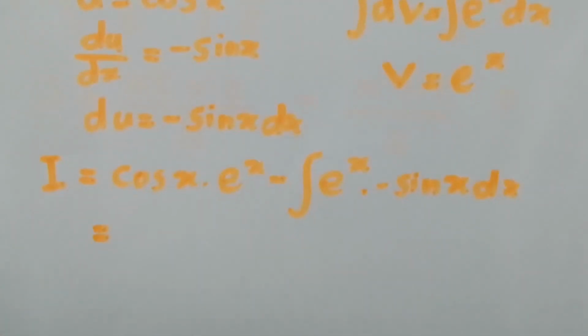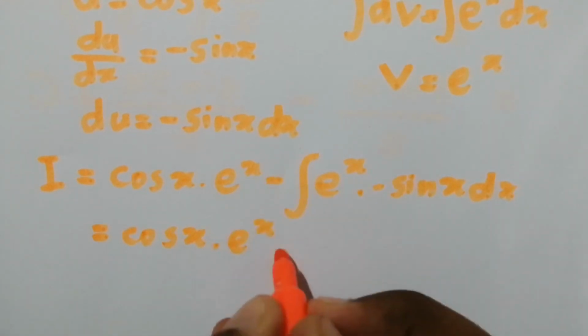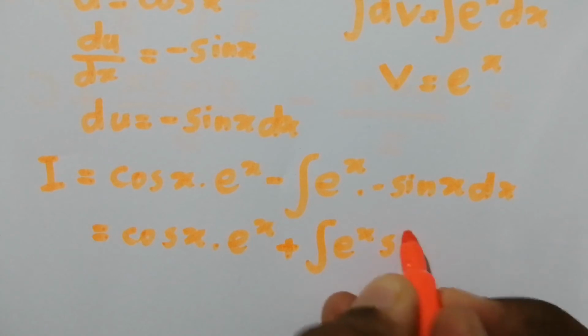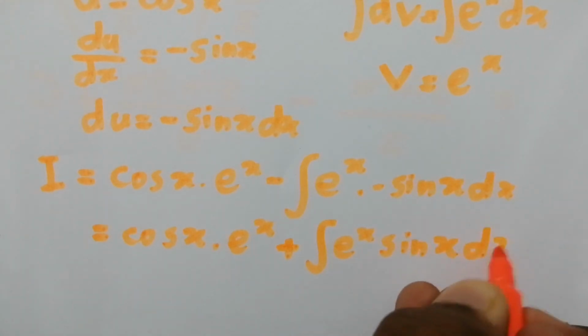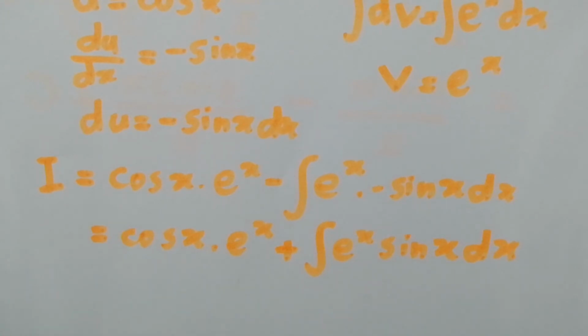Then if I simplify this one, I am having cos x e^x minus times minus, plus integral e^x sin x dx. See, e^x sin x dx. This is same as the question we are having. It's okay. Now I'm going to substitute this and look what is going to happen in there.